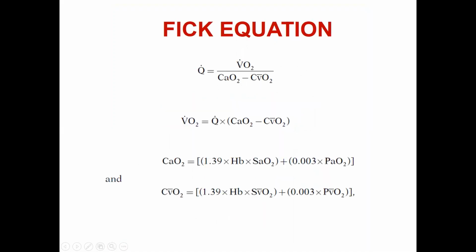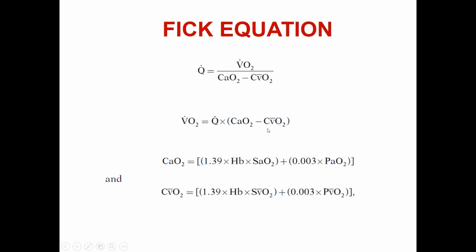The major equation you need to understand is the Fick equation. If you look up here, cardiac output is equal to oxygen consumption over the O2 content difference between the arterial and venous circulation. If you rearrange this, oxygen consumption, which we measure via CPET, is equal to cardiac output times the AV differential of oxygen content. Now, this is an important point to remember.